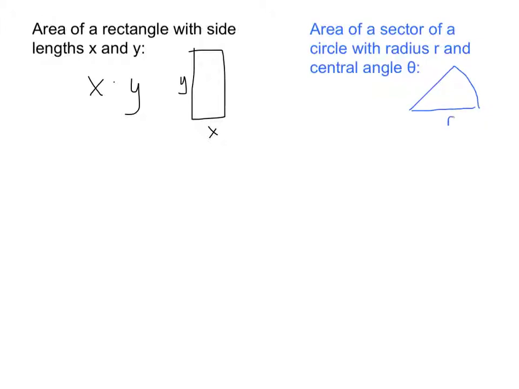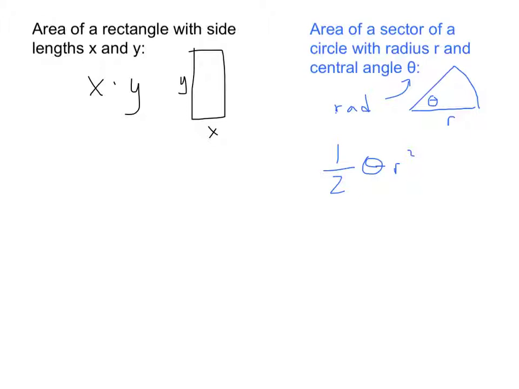That circle has a radius of r and a central angle of theta. Turns out the formula for the area of a sector of a circle is 1/2 theta r squared. Theta, of course, has to be given in radians. If you try and do this in degrees, things kind of explode. But the idea is the area of a sector of a circle is 1/2 theta r squared.